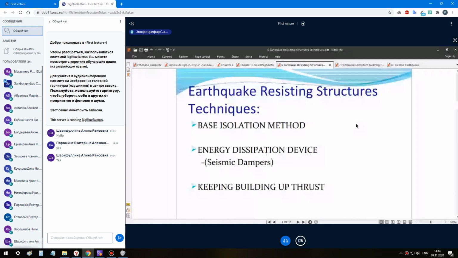I described the isolation method, energy dissipation devices, seismic dampers, and bracing, to reduce the earthquake energy and reduce destruction in the buildings.